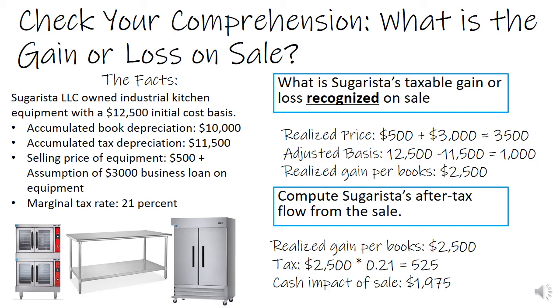She's taxed at a rate of 21%, which means her tax that she would owe to the IRS is $525, which means that the cash impact of her sale, or the money in her pocket after completing the sale, is $1,975. Now, it's important to note that the seller only pays taxes on the amount above what they purchased. They're not taxed on the initial recovery of their investment.